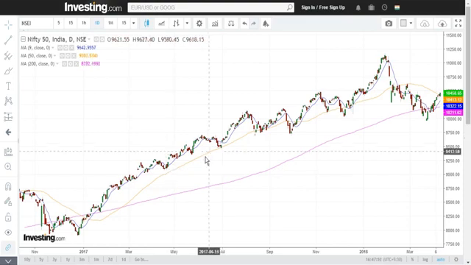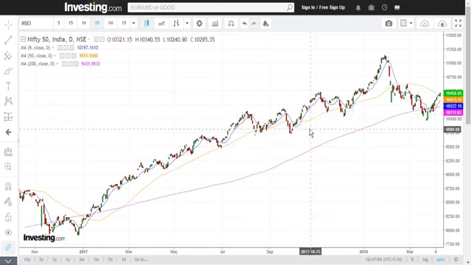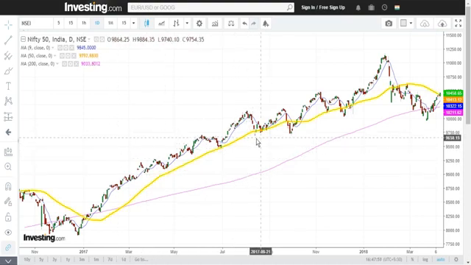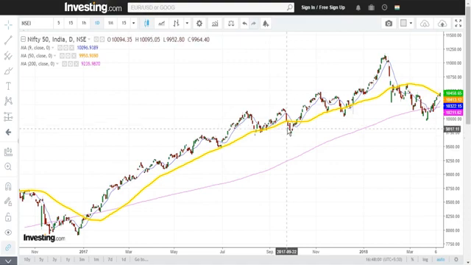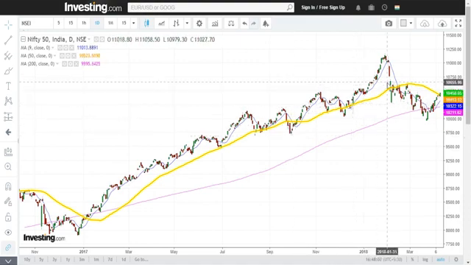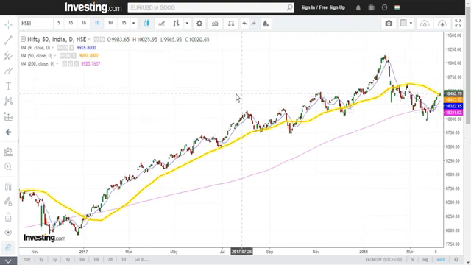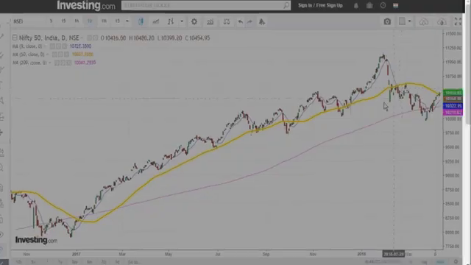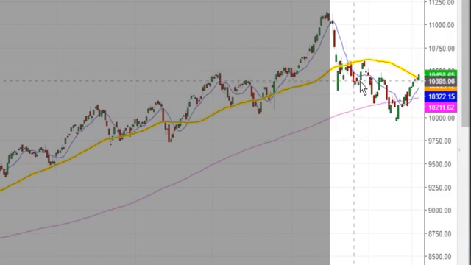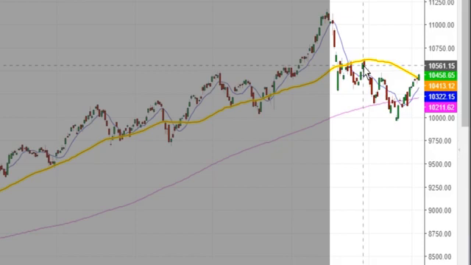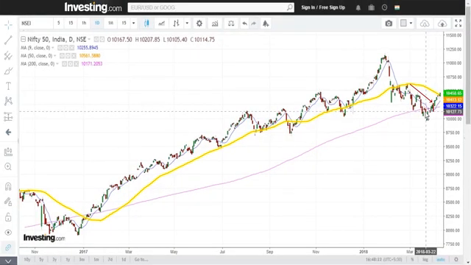Here you can see that the 50-day moving average was held in Nifty for quite some time. There were minor breaches, but eventually the price was moving higher. Now, once we could see that it was broken for a certain number of days and the price was continuously closing below this 50-day moving average, then the down move started and the price went quite a bit in the downward direction.